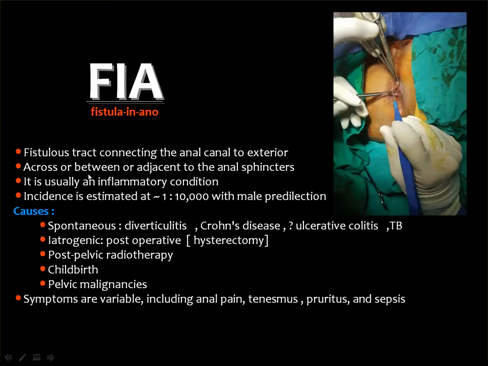And this fistula tract may extend across or between or adjacent to the anal sphincters. And according to the position of the fistula, there are many classifications I will mention.